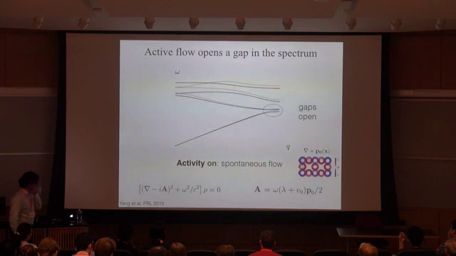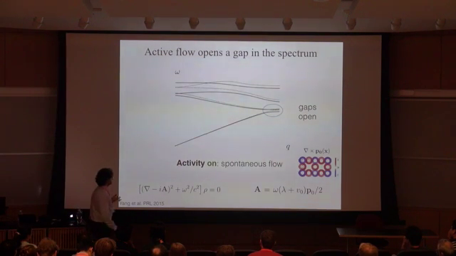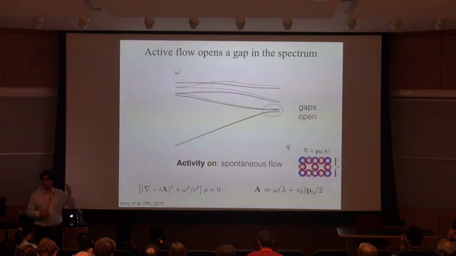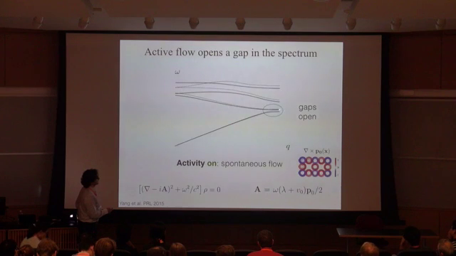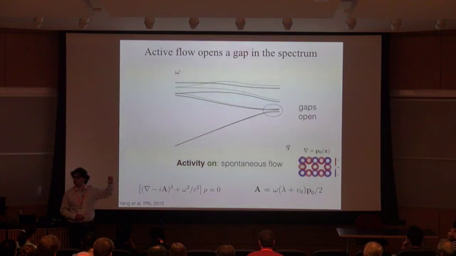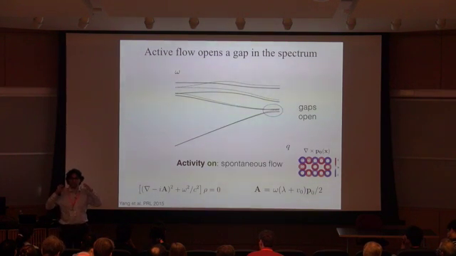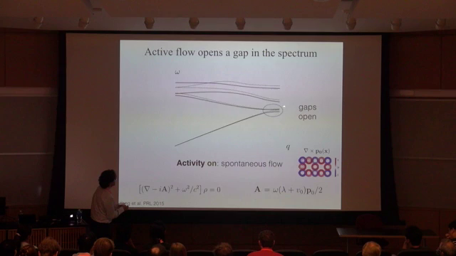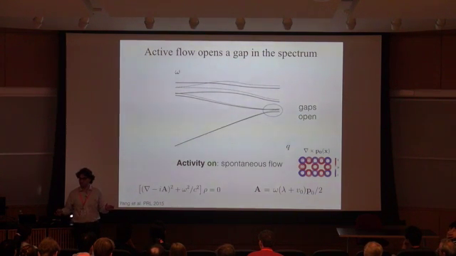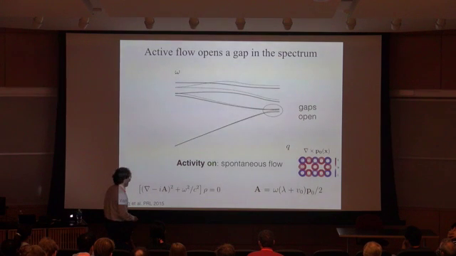Okay, now you can replot the spectrum in the presence of the spontaneous flow. And you will notice one thing that happens here, is that these bands are now no longer joining, but they've opened up a gap. What does it mean? It means that if you were in the bulk and you try to excite waves at this frequency, you will find none.